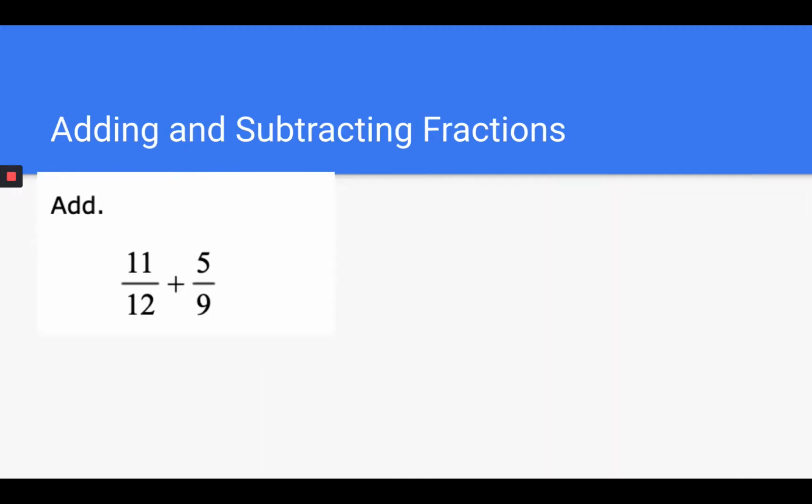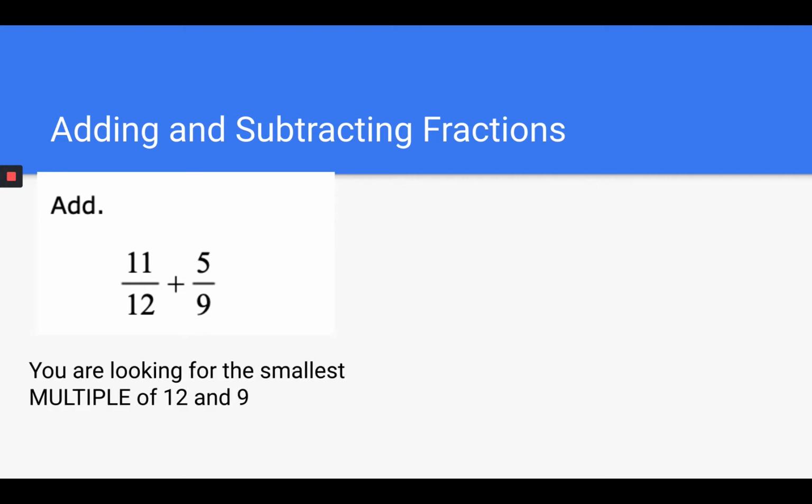So let's do a couple. Again, 11/12 plus 5/9, and again, you cannot add or subtract fractions until the denominators are the same. The bottom numbers have to be the same. So the first step is to find the smallest multiple of 12 and 9. What number does 12 go into that 9 will also go into? This is called the LCD, least common denominator.